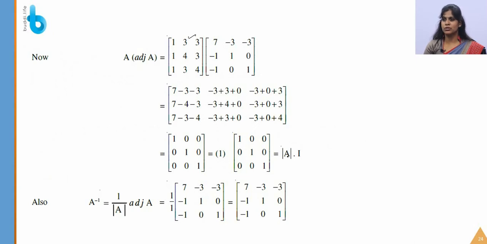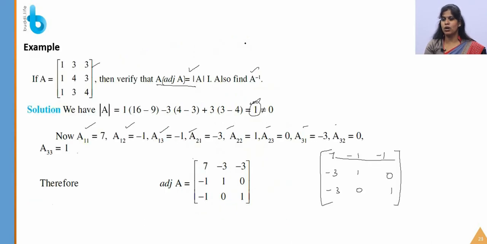So in place of 1 I am just substituting the determinant of A, into I, the identity matrix. Hence we verified that A into adjoint of A is equal to determinant of A into I. That is what was asked to verify here.